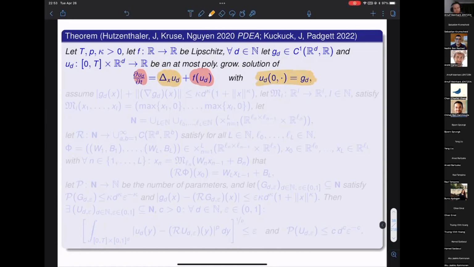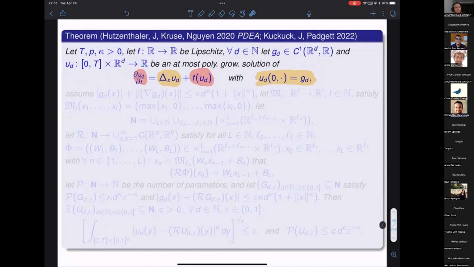Now, the idea of this theorem is that we assume the initial condition can be approximated without the curse of dimensionality by deep neural networks, and then as a conclusion, we can approximate the solution of the PDE also without the curse of dimensionality. To be in that position, we need some regularity conditions.